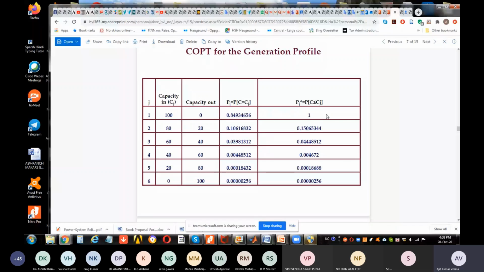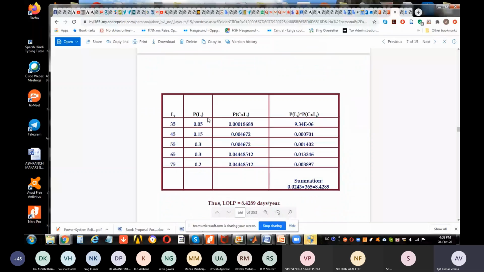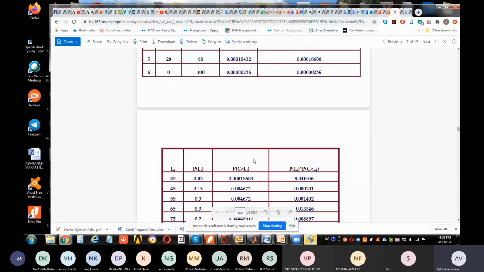So what is the probability of the load? 35 megawatt, 5%; 45 megawatt, 15%; 55 megawatt, 30%; 65 megawatt, 30%; 75 megawatt, 20%. So this is 80%, 95%, and 100%. And so the probability that the capacity is less than the load.